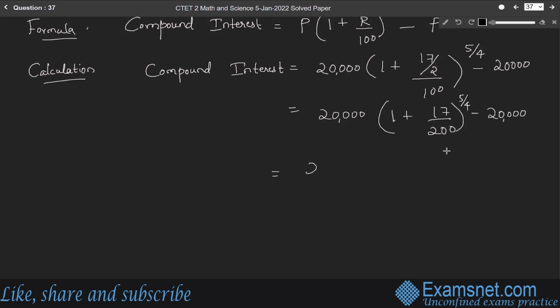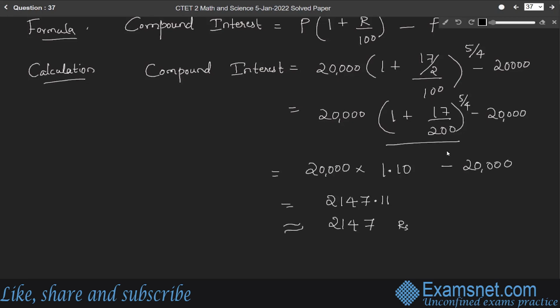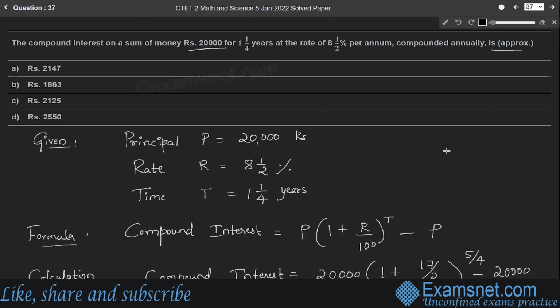Which is equal to 20,000 into, so after simplification, you will get the value as 1.10 minus 20,000, which is equal to 2,147.11, which is approximately equal to 2,147 rupees. Therefore, the answer is 2,147 rupees. Option A.